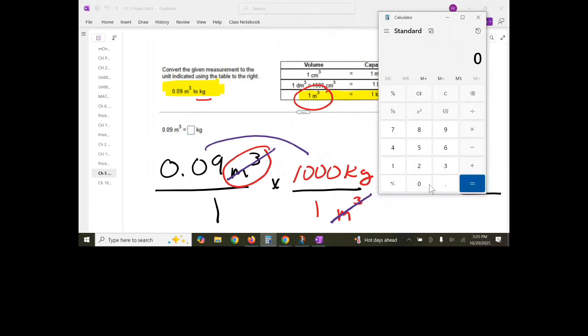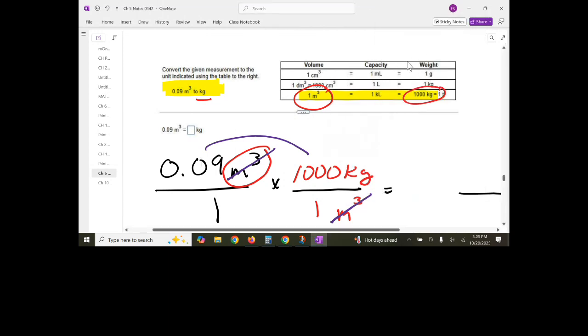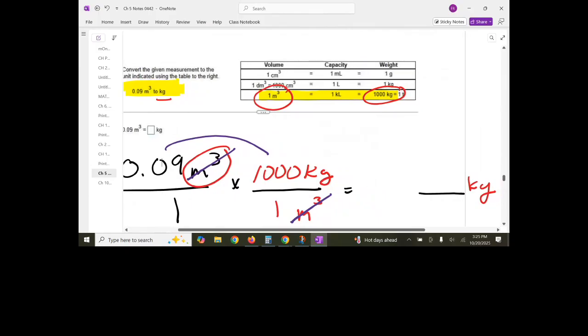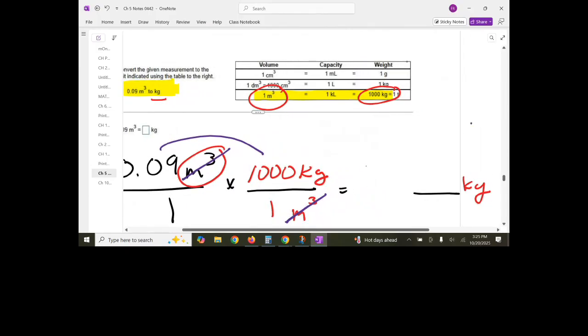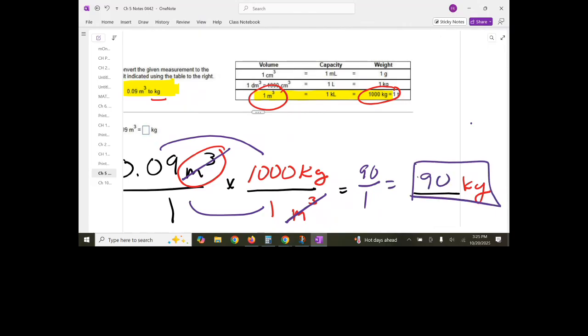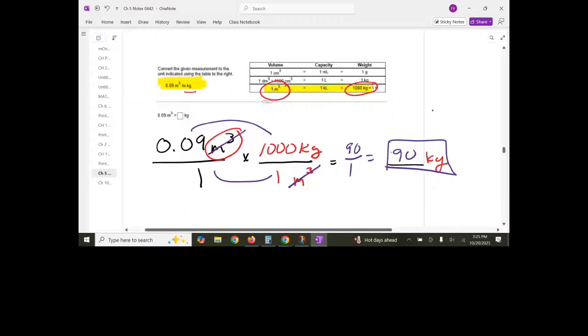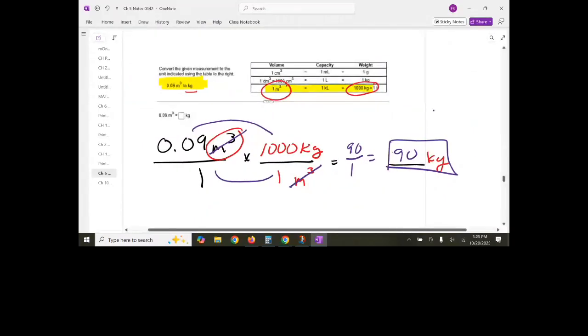I'm going to take 0.9 times 1,000, 1, 2, 3, okay, equals 900. So that gave me, boom, 900. 1 times 1 is 1, and 900 divided by 1, y'all, is still 900. So there's my answer, okay?